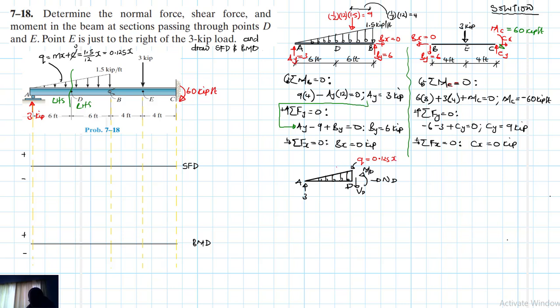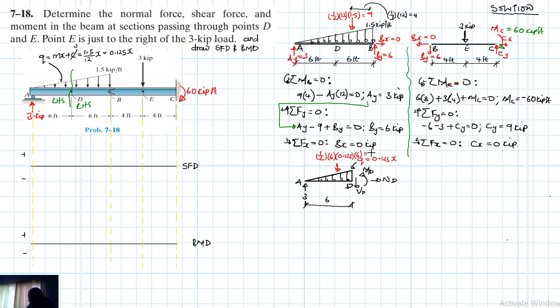0.125x, and therefore finding this value here, we just need to multiply the area under the load diagram, which is just half times the length of this part here, which is 6, of course. So it's half times 6 times Q. And what is our Q? Our Q is 0.125 times X. And what is our X? Our X is 6.